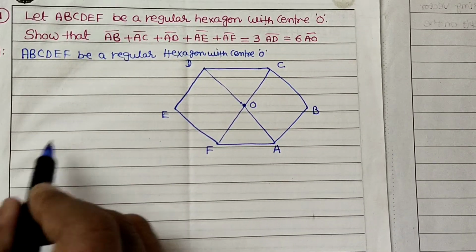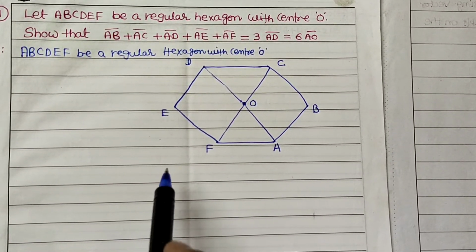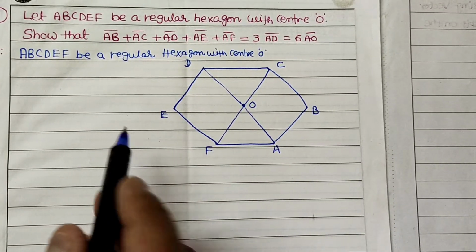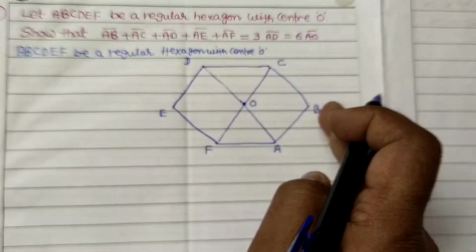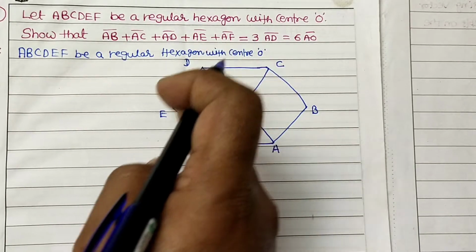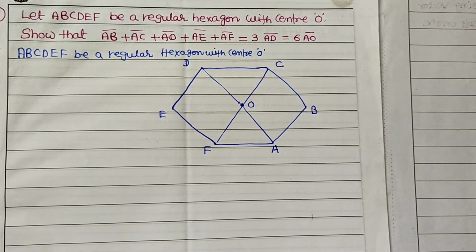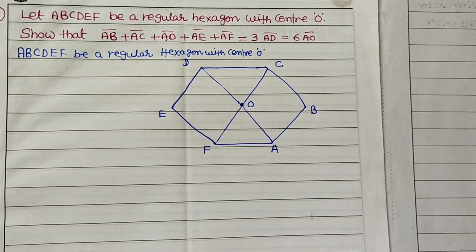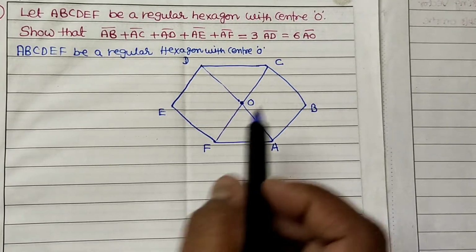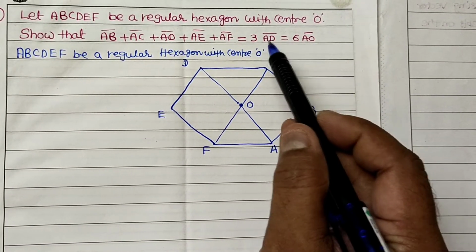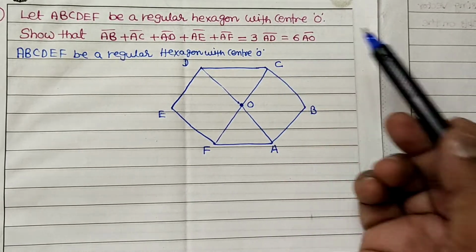Consider, and we observe that, we know that all the sides are equal. We discussed AB equal to BC equal to CD equal to DE equal to EF equal to AF. And one more important thing, O is the center related to AD and AO.